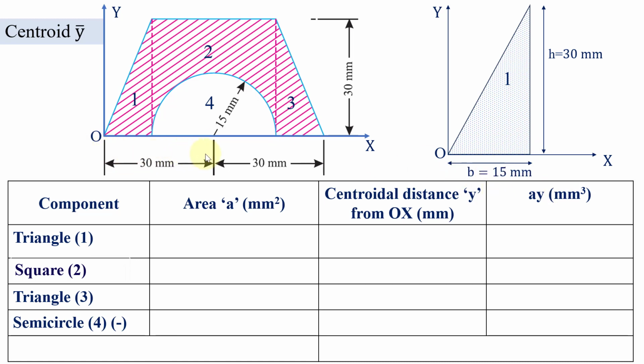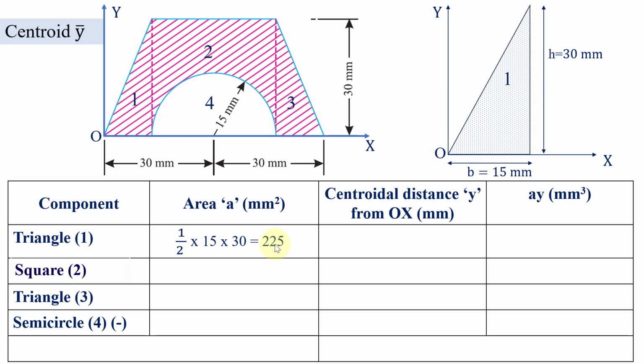Because the overall length is 30 mm, we have to subtract this 15 mm, which represents the radius of the semicircle, from this entire length. So 30 minus 15, the breadth value is 15 mm. The area is half of breadth multiplied by height, which is 225 millimeter square.